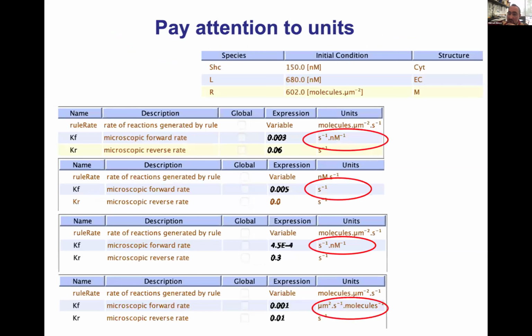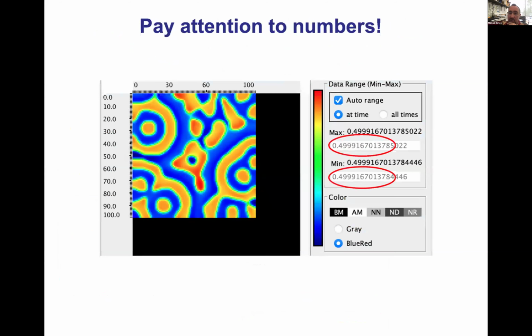So pay attention to units, especially when you base it on several different publications. All numbers have units, and even if they don't have units, they have to be consistent. Again, pay attention to numbers.